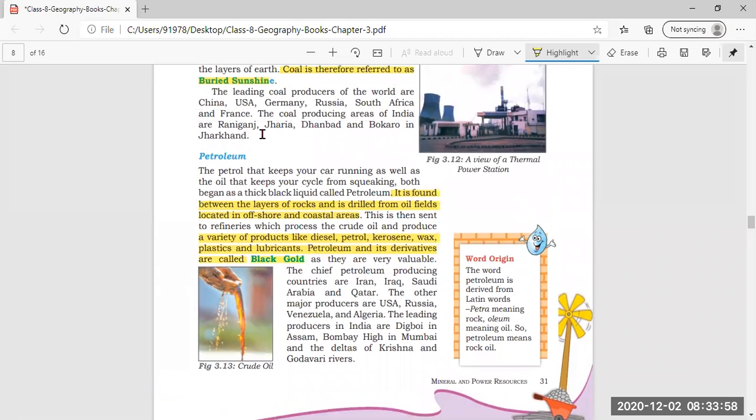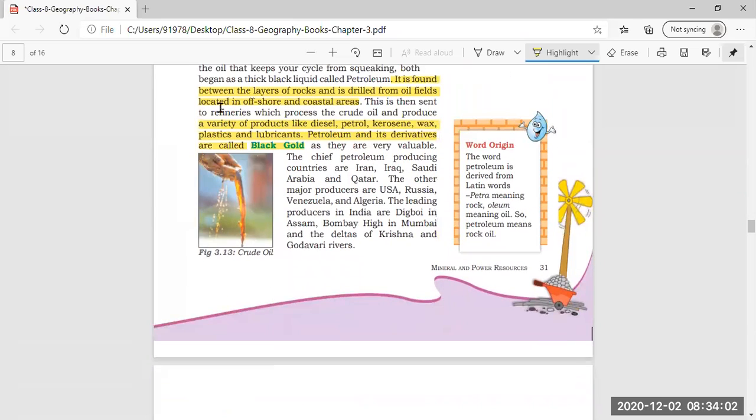So coal is called buried sunshine, whereas petroleum is called black gold, as it is very valuable. The chief petroleum producing countries are Iraq, Iran, Saudi Arabia, and Qatar. These are the chief producing countries.